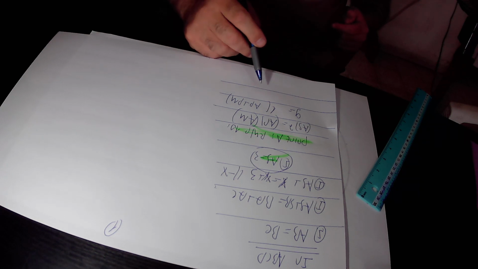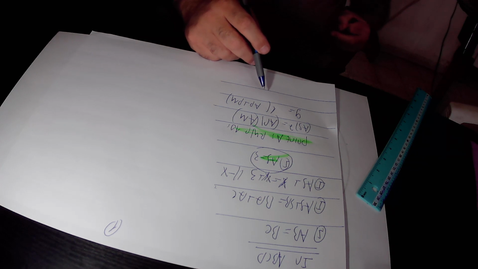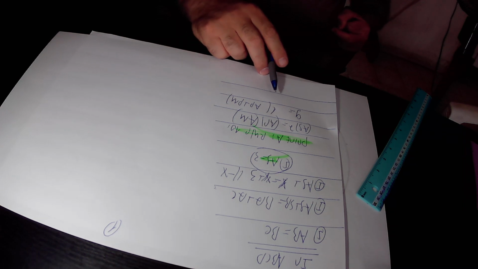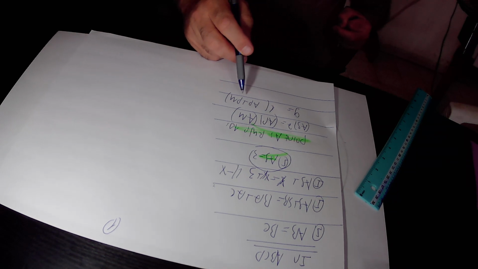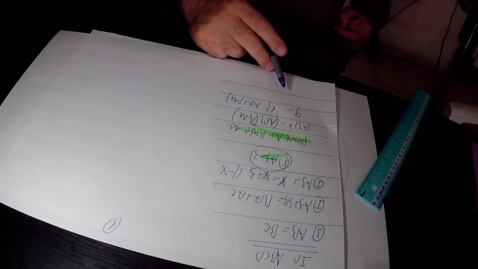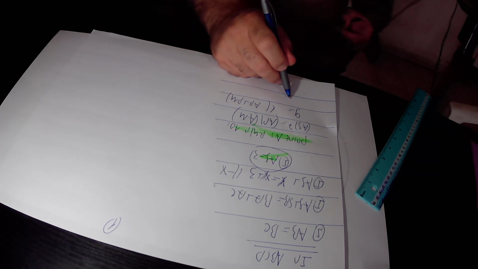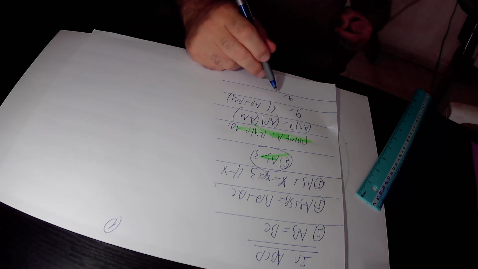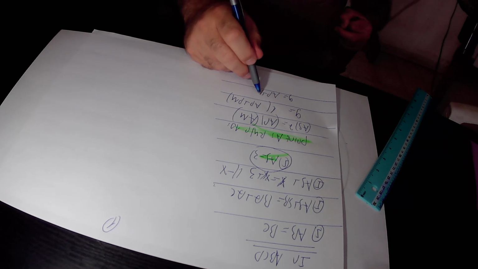Because of the fact that anything that is multiplied by 1 will not change its value, any expression that is multiplied by 1 will not change the value of the expression, you can ignore 1 with multiply AP and PM. And therefore this equation will be 9 equals AP plus PM.